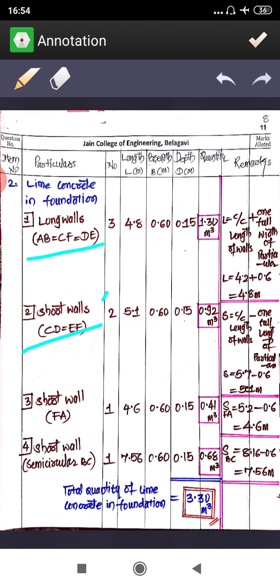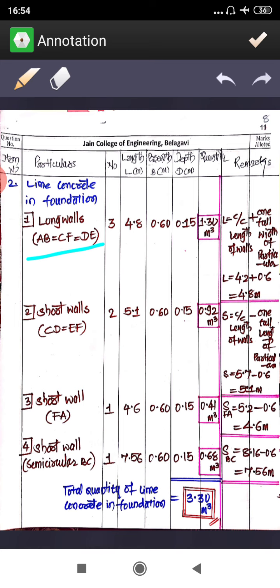Then next, the short wall FA, you will be having one number, length is 4.6, that calculation I have shown here, that is 5.2 minus 0.6 is equal to 4.6 into 0.6 into 0.15, that is going to be 0.41 meter cube.